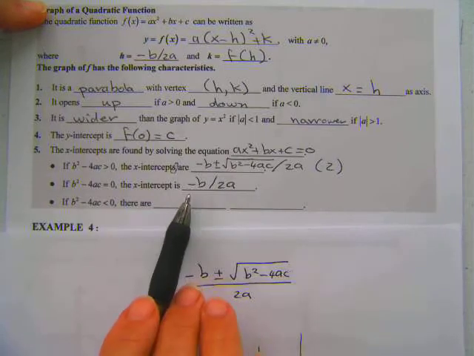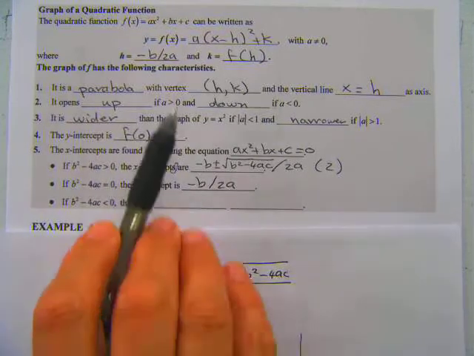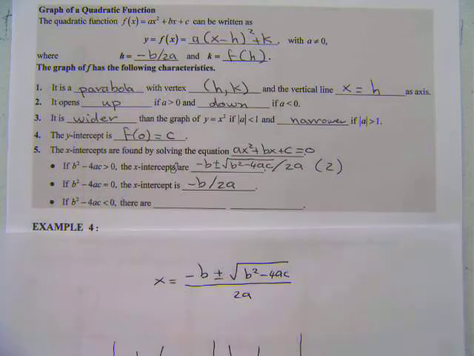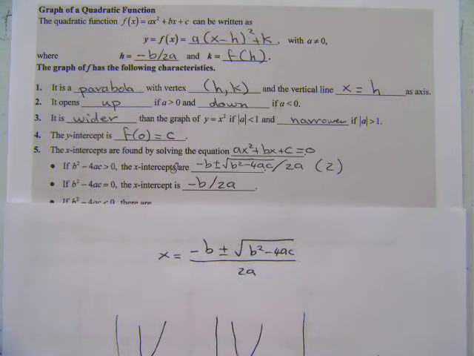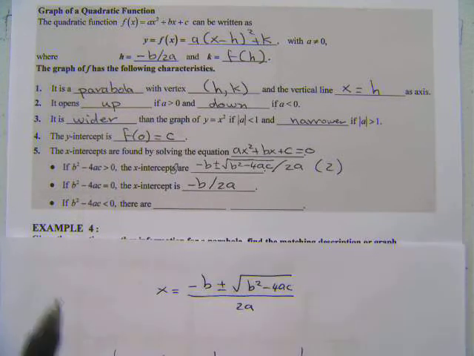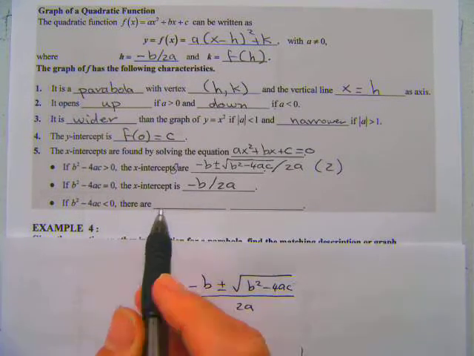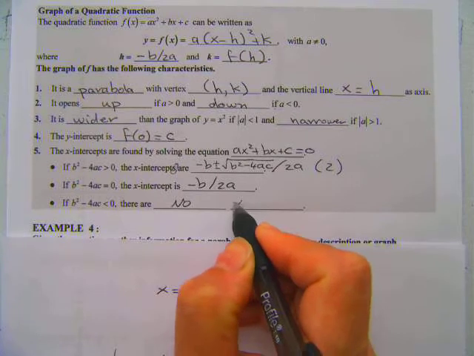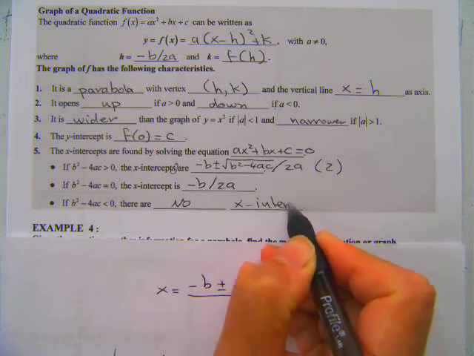Isn't it that negative b over 2a is the x coordinate of the vertex? Isn't that amazing? Do you see the relationship? Yes. So we will have only one x-intercept if b squared minus 4ac is equal to 0. Now what happens if this quantity is less than 0? Well, we cannot take the square root of a negative number in real numbers. So there are no x-intercepts.